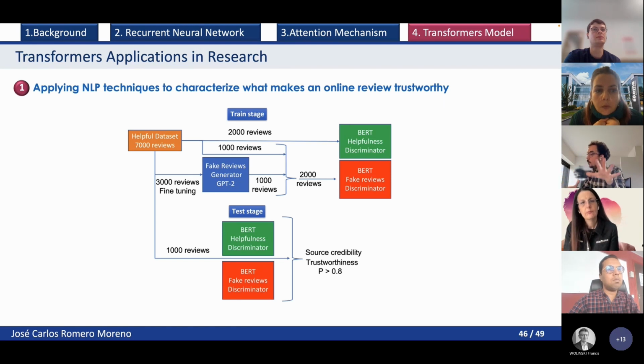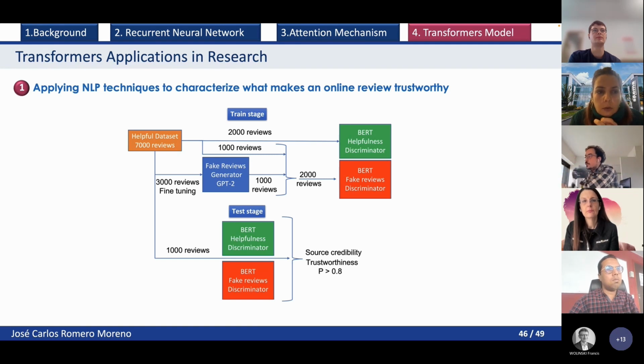And we have real reviews from trustworthy sources from Amazon. With these two sources of reviews, artificial ones generated for us and real ones, we are training a BERT model to learn how to classify and understand the difference between these two kinds of reviews. Basically, that's how we are using them.